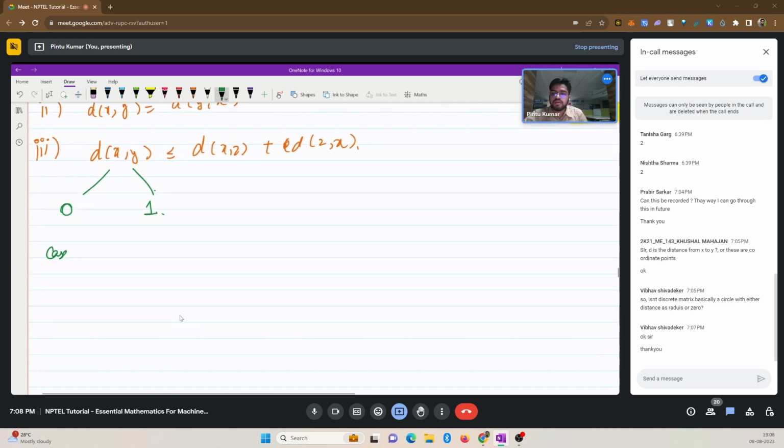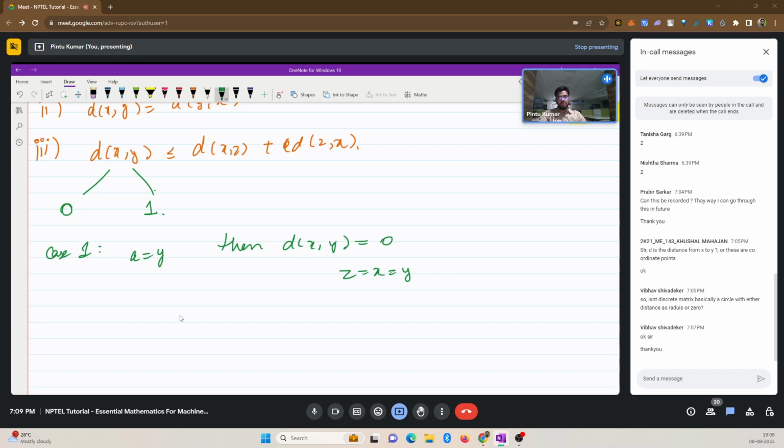Case 1, when x is equal to y, then d of xy is 0. Now, because they are the same point, on the right hand side again we have two possibilities. Either z is equal to x is equal to y, or z is different from these two.